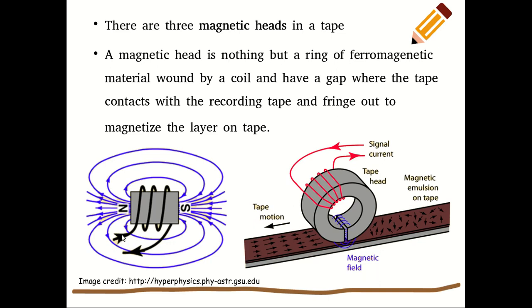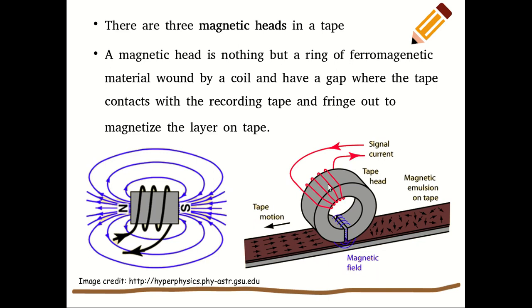Like any bar magnet, a current carrying coil can also generate a magnetic field. The strength of this magnetic field will increase if we keep a ferromagnetic material inside that coil. So basically, a changing current, or current flowing through a coil, produces a magnetic field. This is the main thing about magnetic heads.